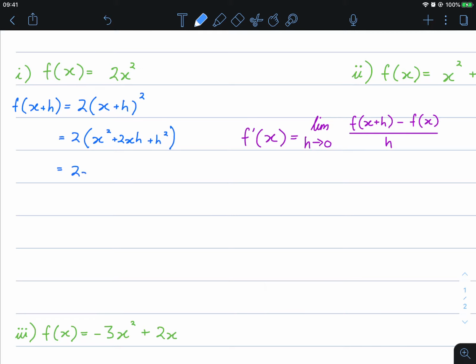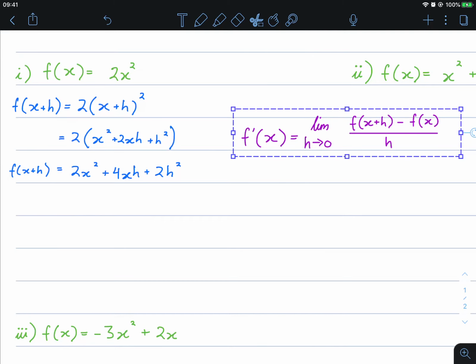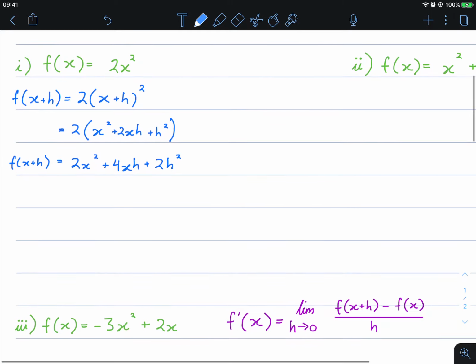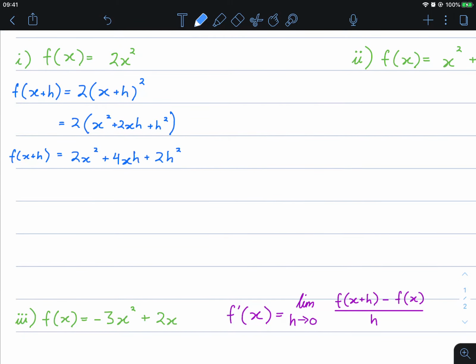It becomes 2x squared plus 4xh plus 2h squared. So this here is f of x plus h. You could rewrite this, but we already have f of x. F of x is the question itself.